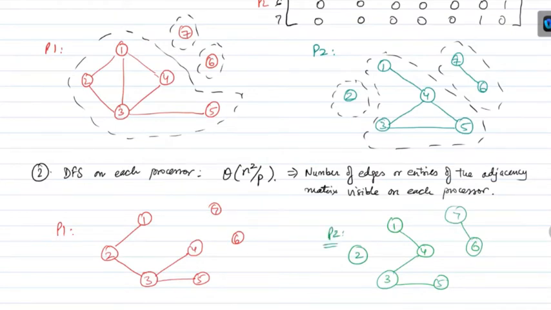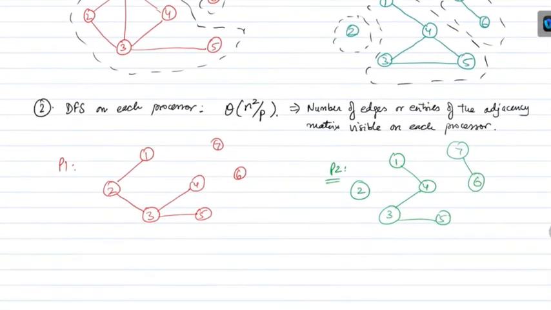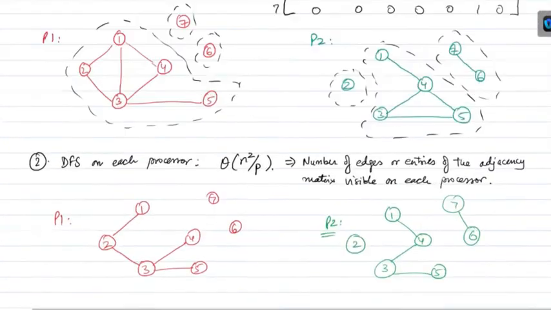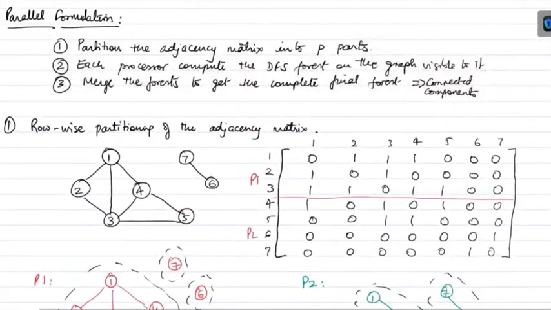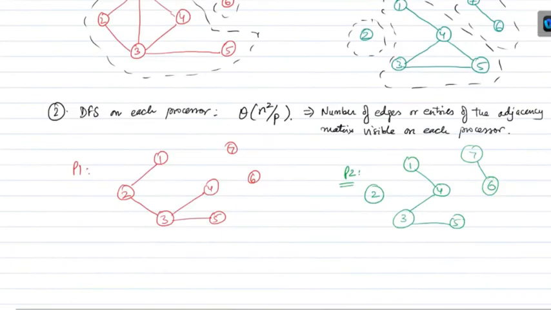You could have done it in different ways, but that's fine. Okay, so that's step number 2. We've built the depth first search forests on each processor. And now finally, we have to merge these forests, right, to get the complete final forest. So how do we merge these forests? That's the important part now.